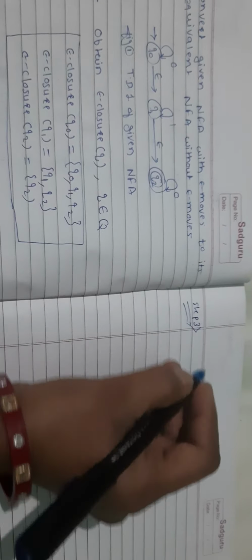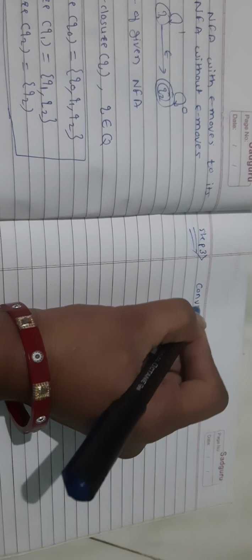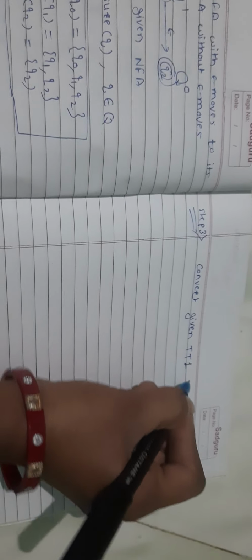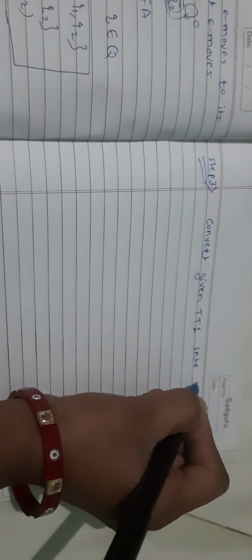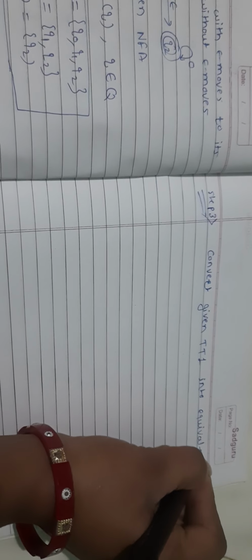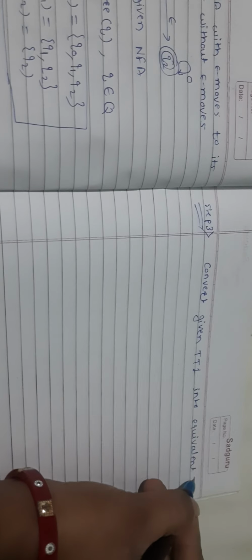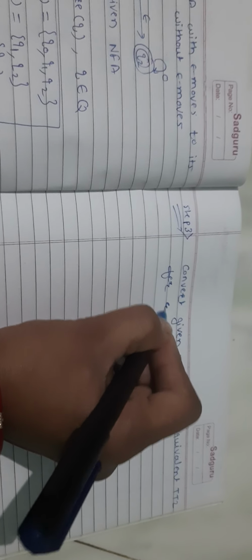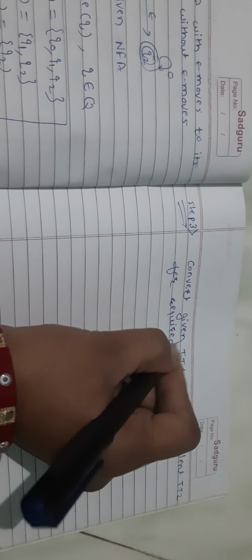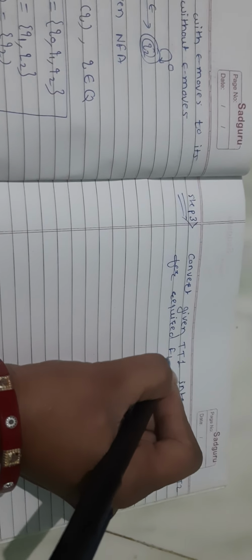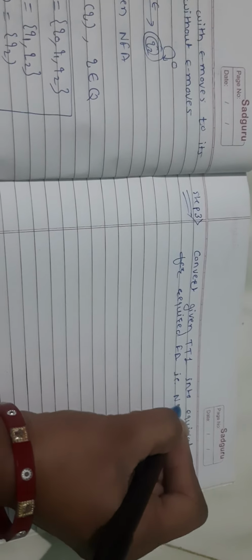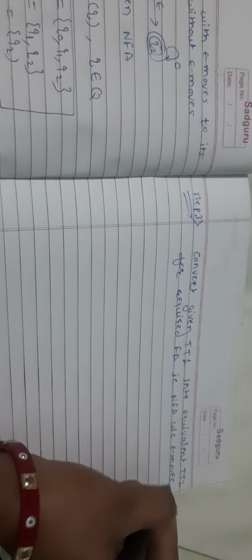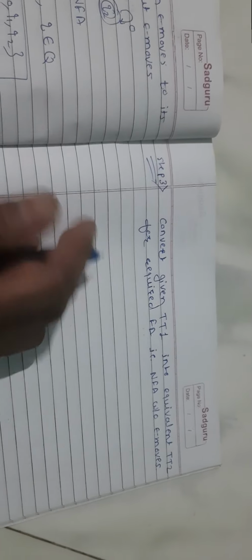Step 3, convert the given TT1 into equivalent TT2 for the required FA, that is NFA without epsilon moves.